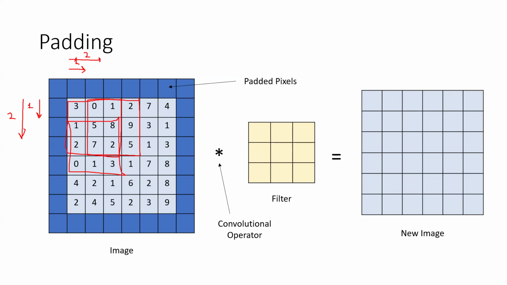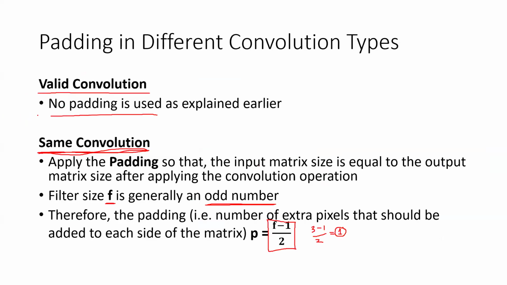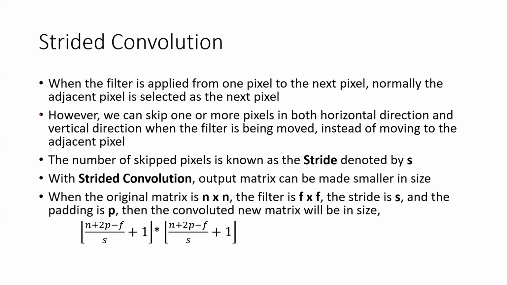So what we are trying to do here is that you can assign how many pixels you are moving at a time. That is known as the stride, right? Generally, if you don't specify the stride, it would be 1, so we are moving 1 pixel at a time, right? This stride is represented by S, right? When you have a stride greater than 1, this is known as strided convolution.